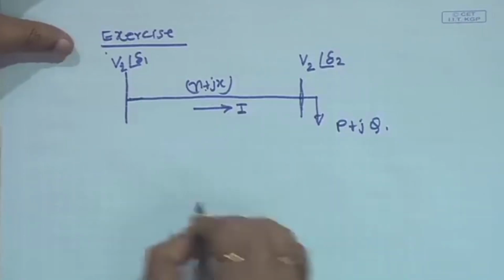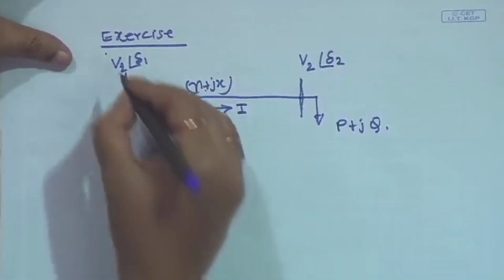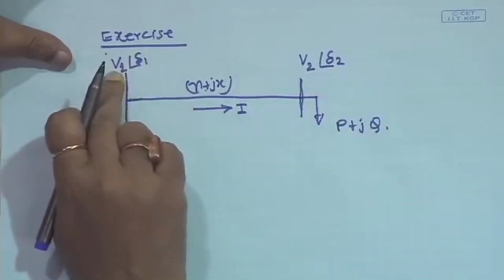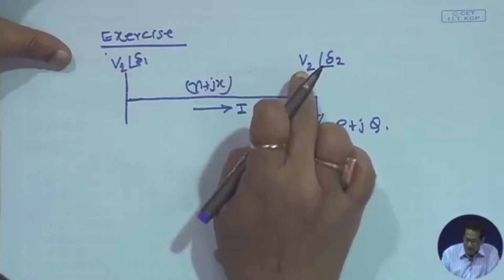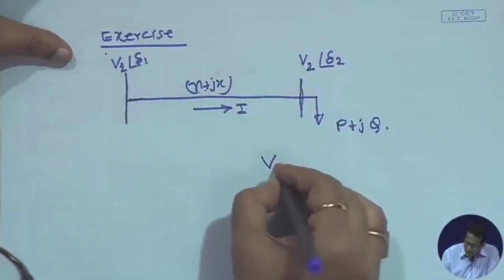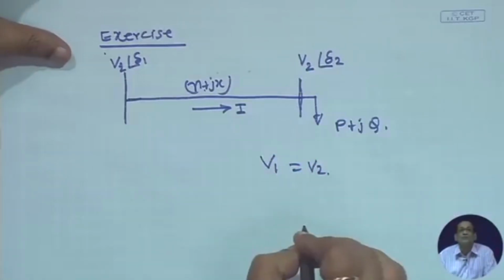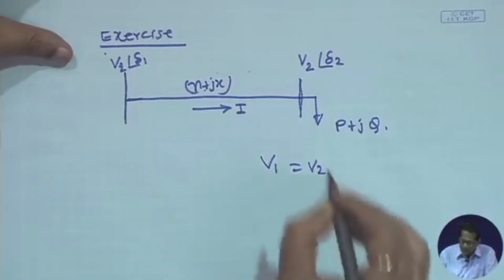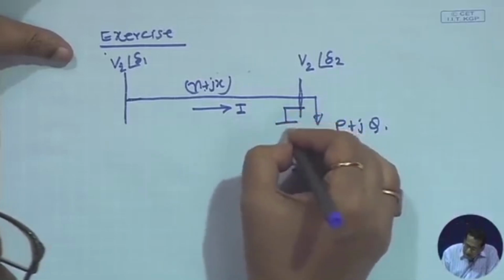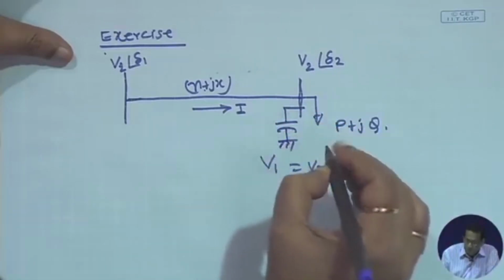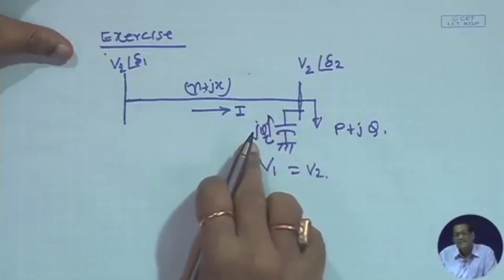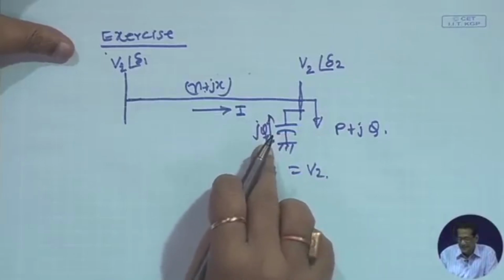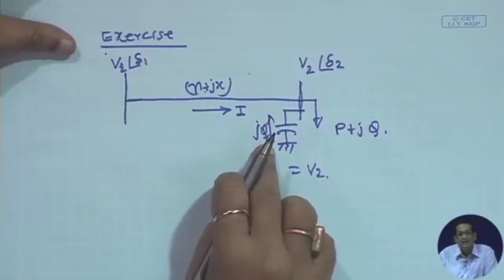My objective is to maintain the voltage magnitudes V1 and V2 such that V1 must be equal to V2. For that I have to connect a shunt capacitor here, which is injecting, say, jQC, reactive power, to maintain voltage.